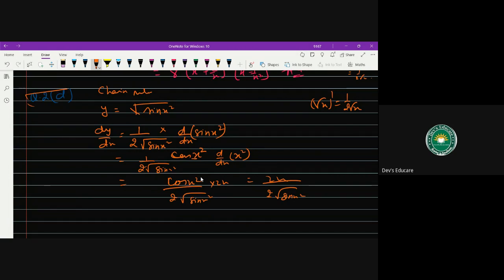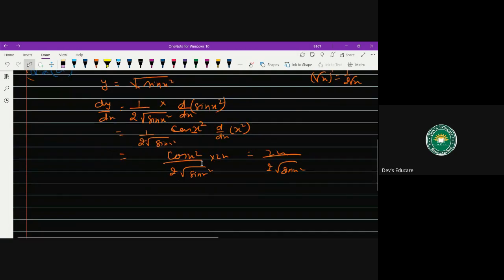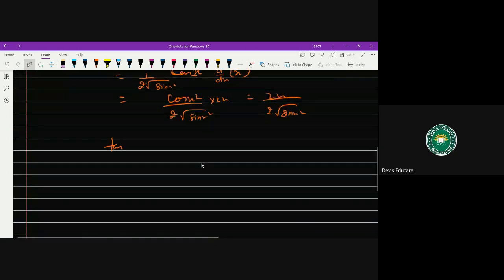Suppose we have the function f(x) is tan x square. So derivative of f(x), f dash x, what is the derivative of tan x, Sujal? Sec square x.